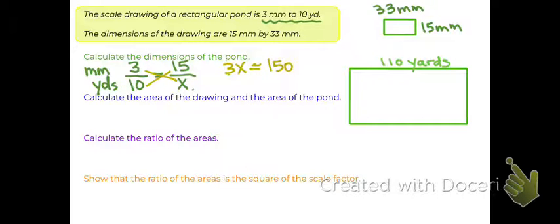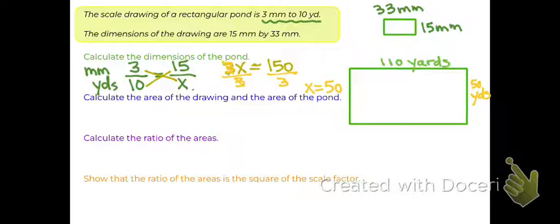Now to solve for x, we're going to undo this multiplying by 3 by dividing by 3. We have to do that on both sides, and we end up with x equals 50. So 15 millimeters is 50 yards.